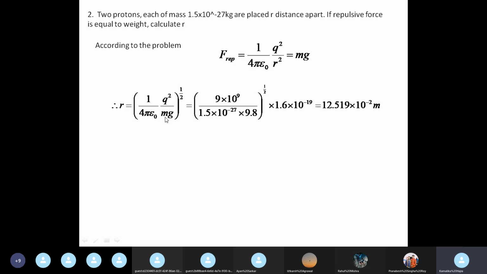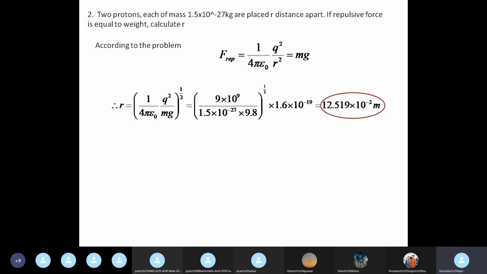And m is given 1.5 into 10 to the power minus 27, g is 9.8, and since we have q square to the power half, we take q outside. The value of q for proton and electron are the same, you know that, 1.6 into 10 to the power minus 19. So if you use a calculator, you will see that the value of r comes out to be this. Okay, so this is the answer.